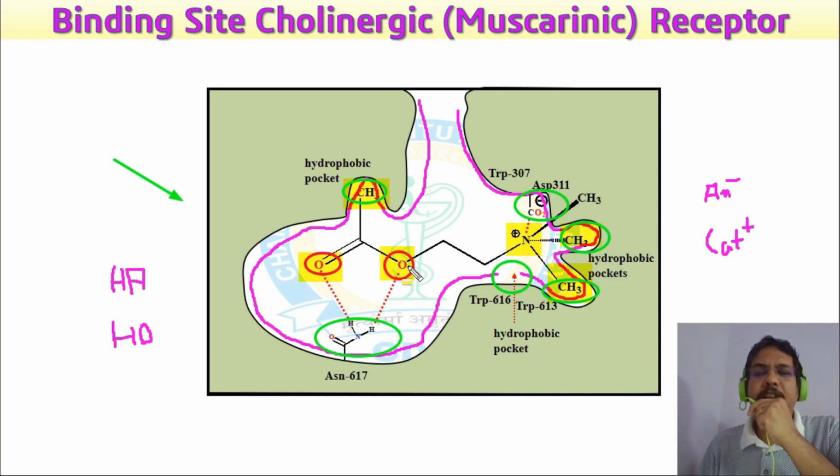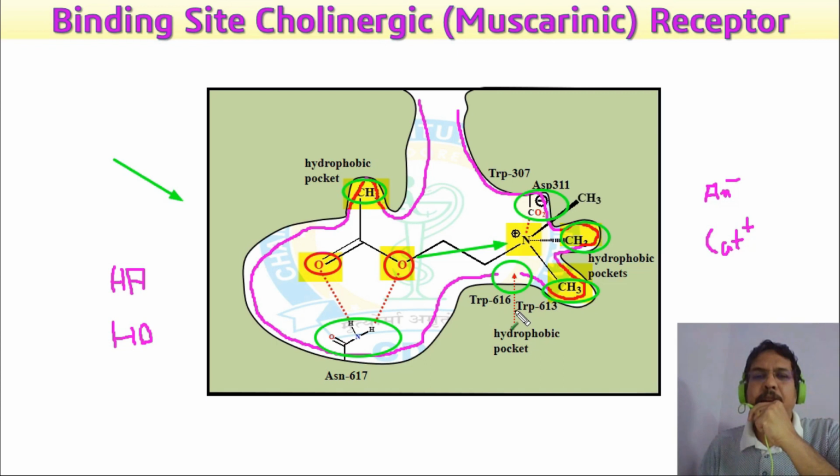So the orientation is also crucial, as well as the distance of the complementary parts. It means definitely if you look for the hydrogen acceptor, it should have some crucial distance from the cationic part.